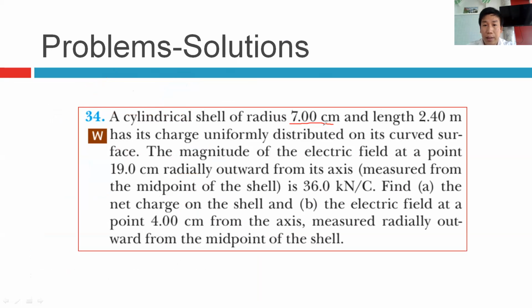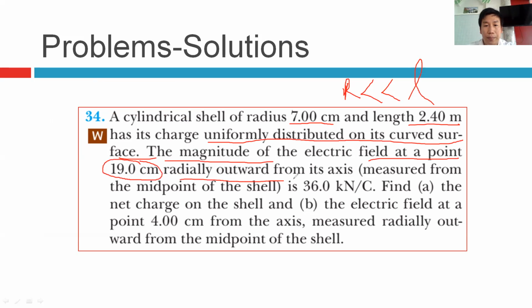Okay, come back to the question. The radius is very small compared to the length, and the charge is uniformly distributed on its curved surface. They ask for the magnitude of the electric field at the point 19 centimeters radially outward from its axis. They give us the electric field at the distance equal to this value.